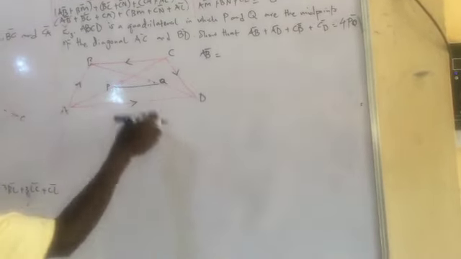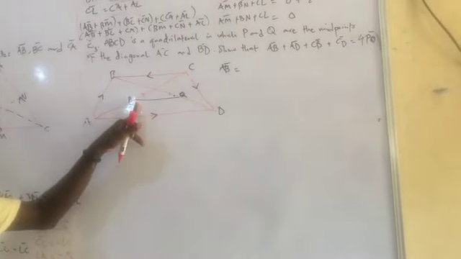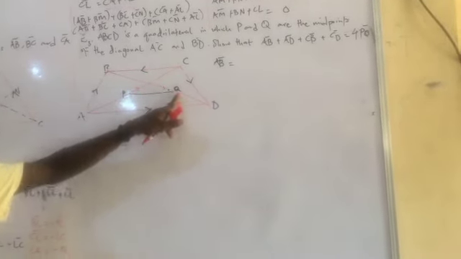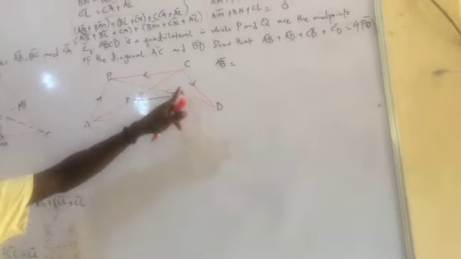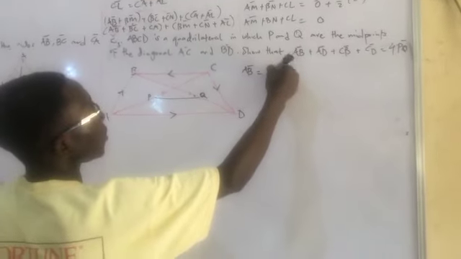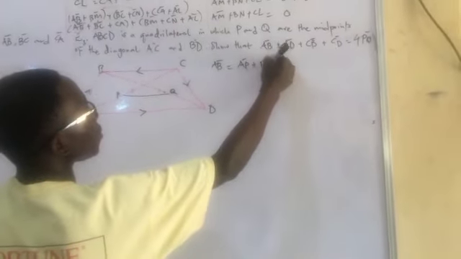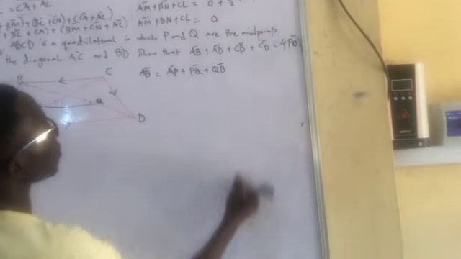Now AB will be what? This is AB. So you can move from here to P, from P to Q, and from Q back to B. So we'll be having vector AB will be vector AP plus vector PQ plus vector QB. So now let's see vector AP plus PQ plus QB. This is what we did here.